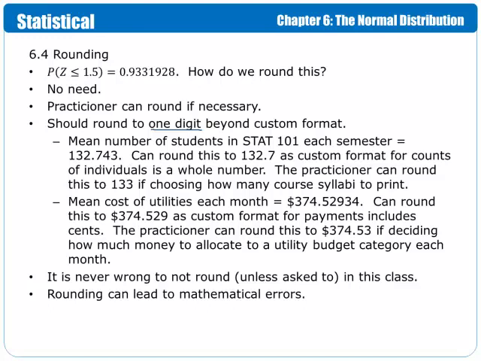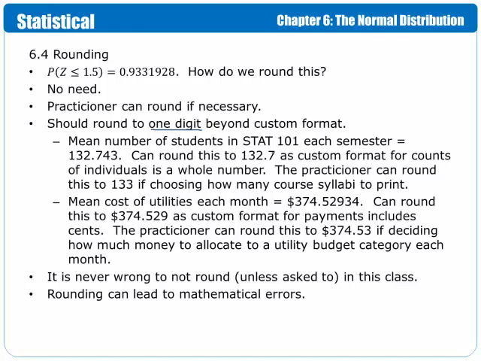If you feel like you need to round that number, then you can round it, but you shouldn't round it to a whole number because the answer is referring to students, and the answer is somewhere in between 132 students and 133 students. So if you just round it to 133, then it's not entirely accurate.